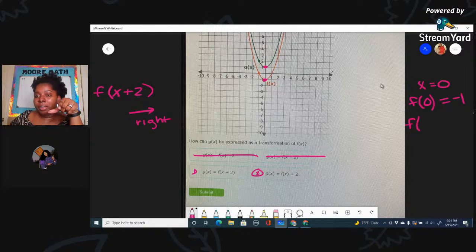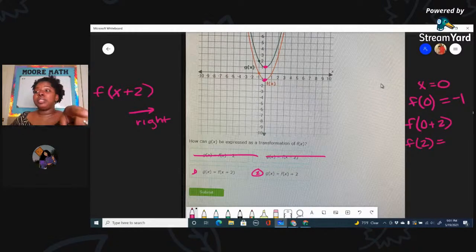So now I want to make g of 0 the same as f of 0 plus 2. So what's 0 plus 2? Well, 0 times 2 is 0, but what's 0 plus 2? 2. Now, what's f of 2?